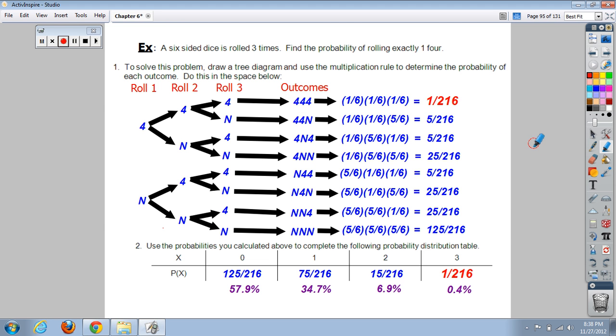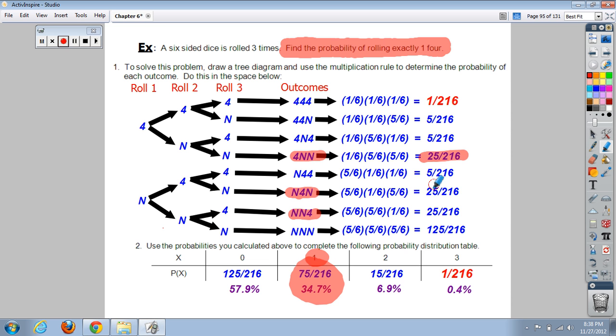Okay? So, to answer the question that's up here, what is the probability of rolling exactly 1 4? That would be this, which is this. This would be our answer right here. We have a 75 in 216 chance of rolling exactly 1 4. And there were 3 ways we could roll that 1 4, which was this, this, and this.